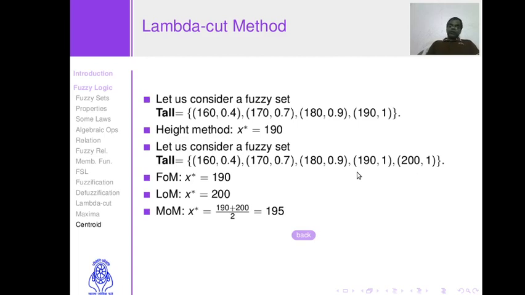So we can apply first of maxima, last of maxima, or mean of maxima methods. According to first of maxima we get 190 centimeter as the output, because this is the first element having the maximum degree of membership. If you apply last of maxima, then you get 200, because this is the last element with maximum height.